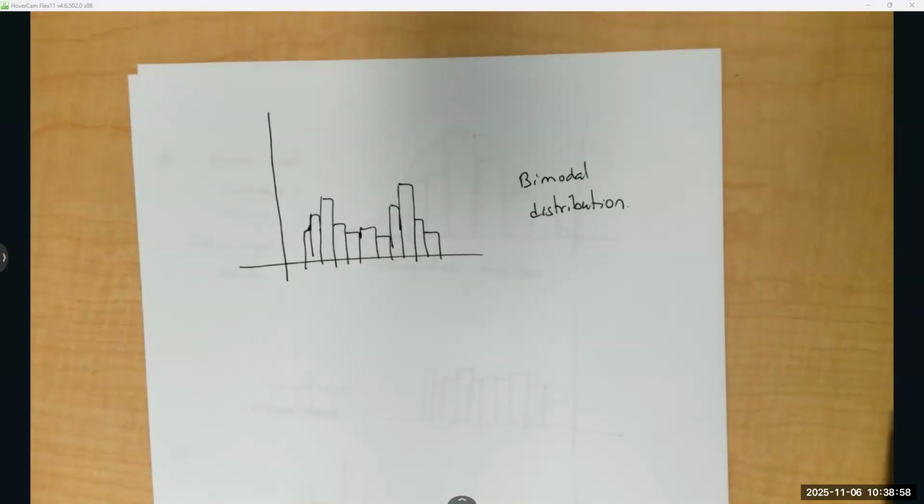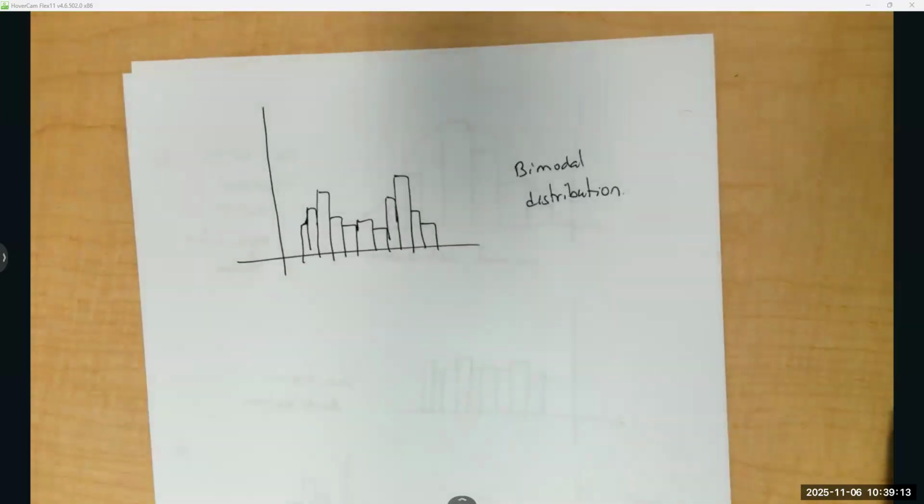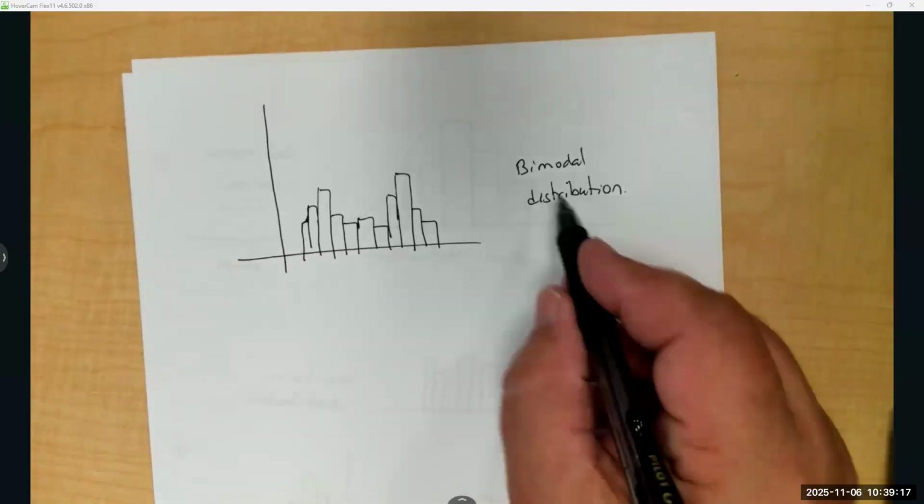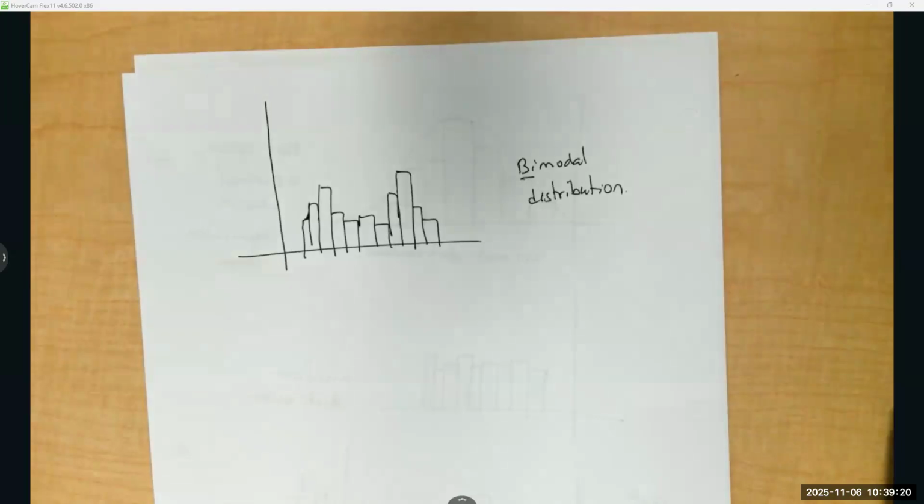If it's bimodal, that means we have to have something in the middle, a valley, a ditch. Because if they were both in the middle, then there's gonna be one bigger than the other. But since these are separated, that's why it's called bimodal. Bi means two.